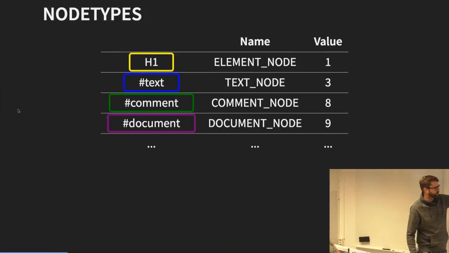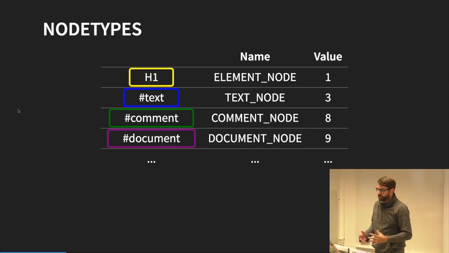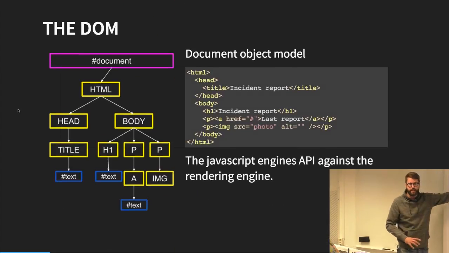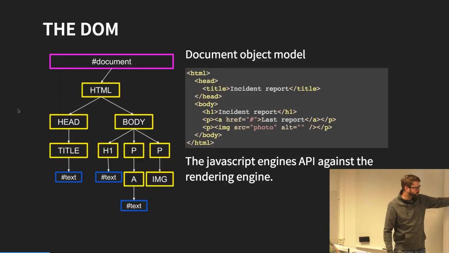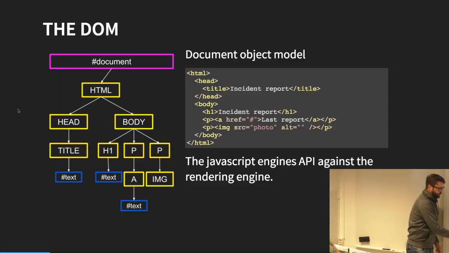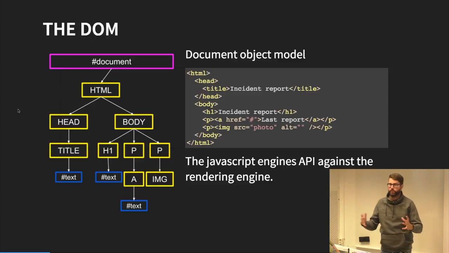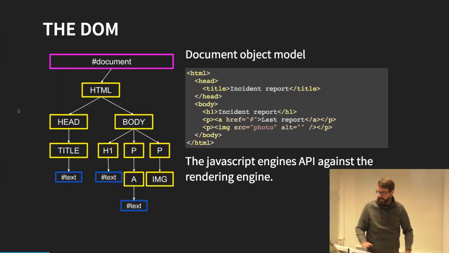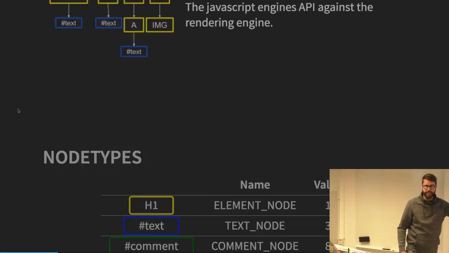I've represented those elements and nodes. I mean, a node, I got a question on this last year. A node is just something in this tree. The blue ones and the yellow ones are all nodes in the document object model. However, the yellow ones are called element nodes.